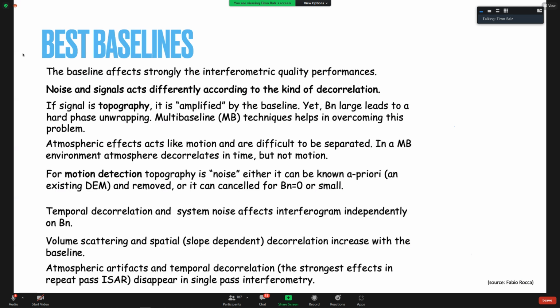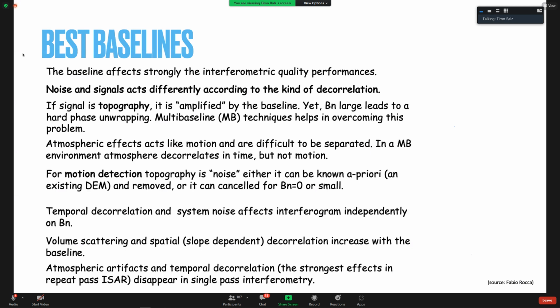Even if you have multiple baselines, you can go higher. And if you are using Sentinel, you wouldn't even need to worry about the baseline, because Sentinel is controlling the baseline very strictly, and there are no very large baseline images in the case of Sentinel.